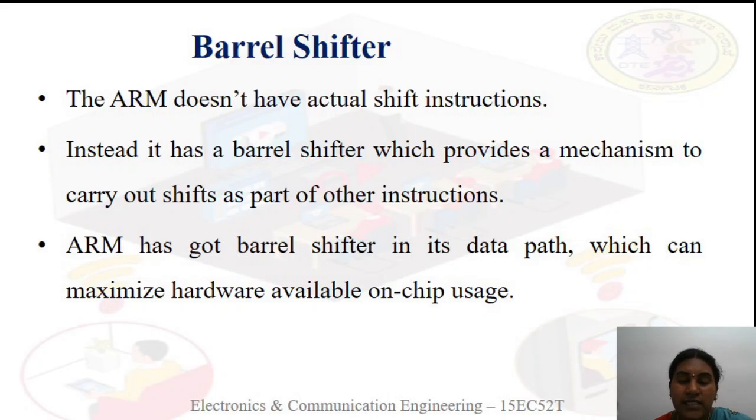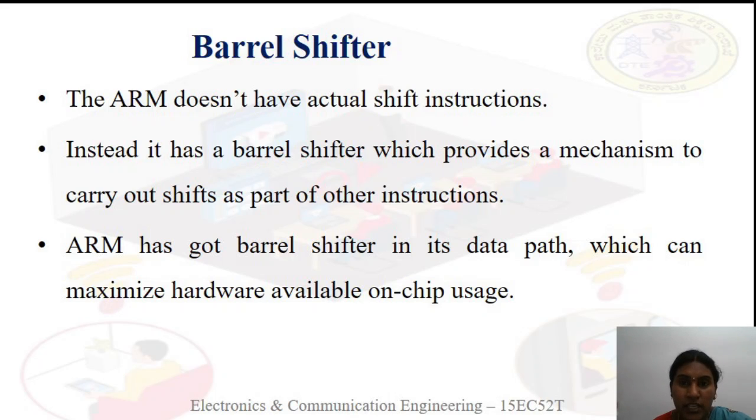A barrel shifter is a device which is used to shift 32-bit data in ARM left or right by a specific amount that you give. It means the barrel shifter will shift the content, how many times to shift, whether right or left. So why do we need this barrel shifter?